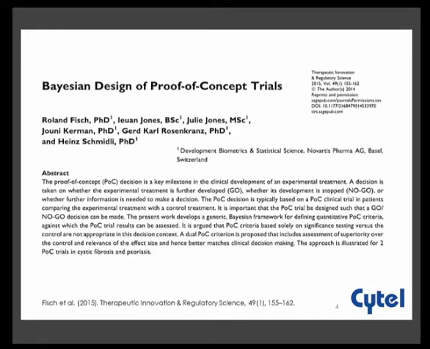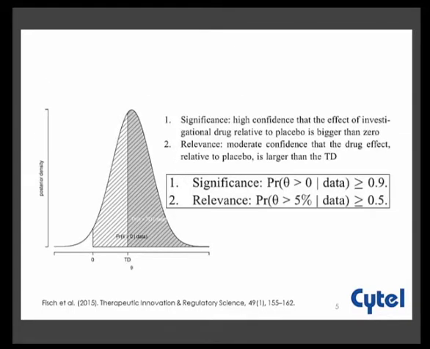So my first paper I'm going to show you is by Fish et al. They use a fully Bayesian approach, and here's one example from their paper. Basically, their go-no-go rule is tied to two thresholds shown here.